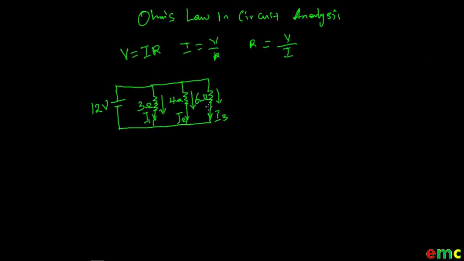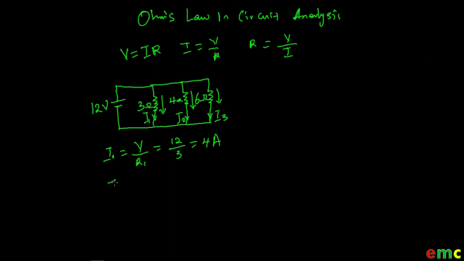across it. So to get our I1 in this circuit, it will be the voltage over R1, and that is going to give us 12 volts over 3 ohms, which is a current of 4 amperes. So a current of 4 amps is flowing in this first branch.